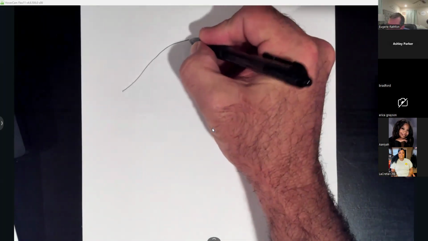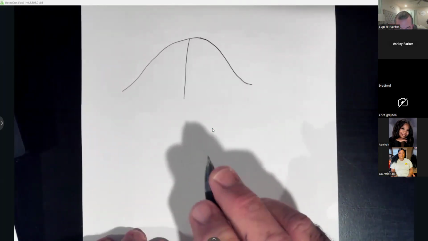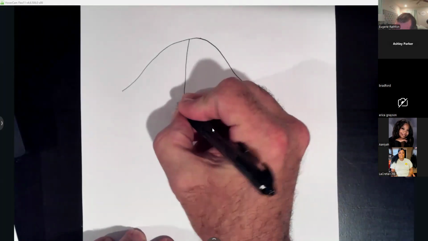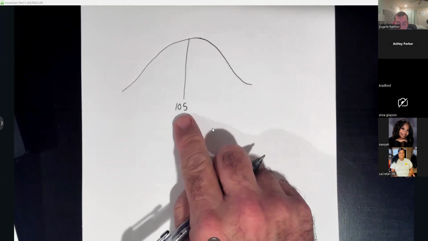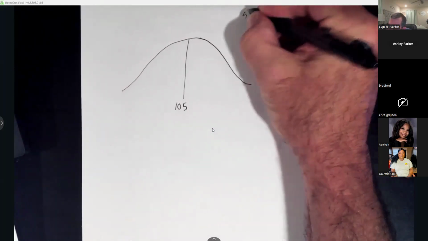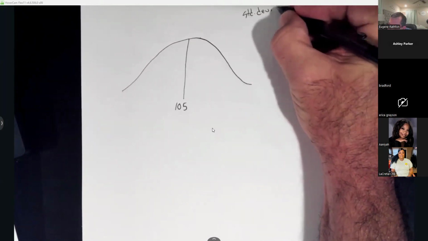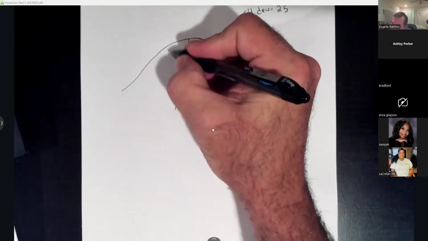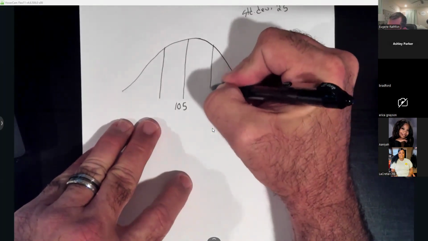All right, so they told us the mean was 105. Okay, they said the mean was 105. And our standard deviation, that was 25. So y'all will go out one standard deviation each side.